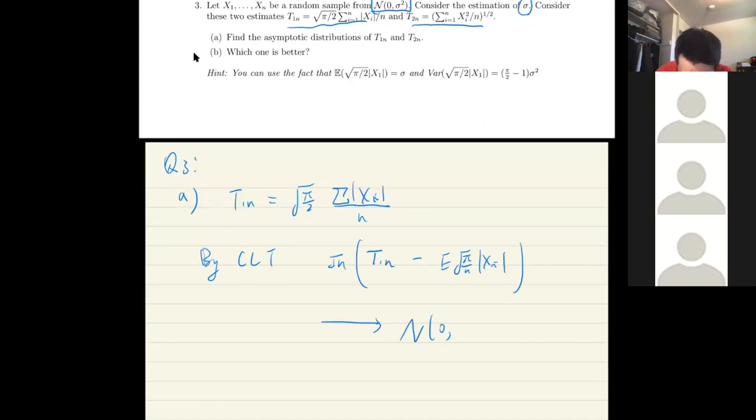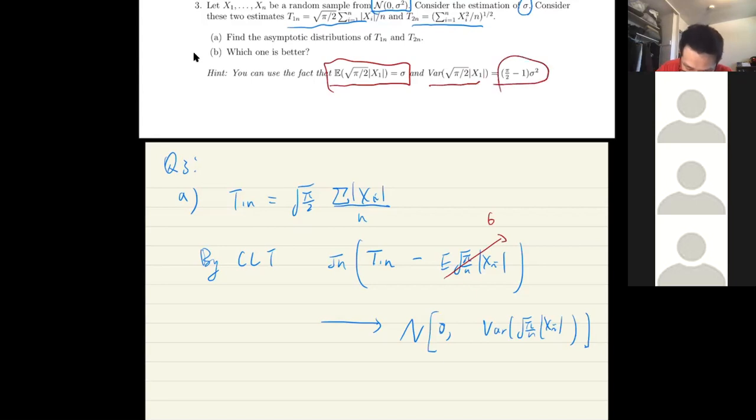So it should be the variance of this one. And by the hint, we know this value is equal to sigma, and the variance of this one is equal to this.